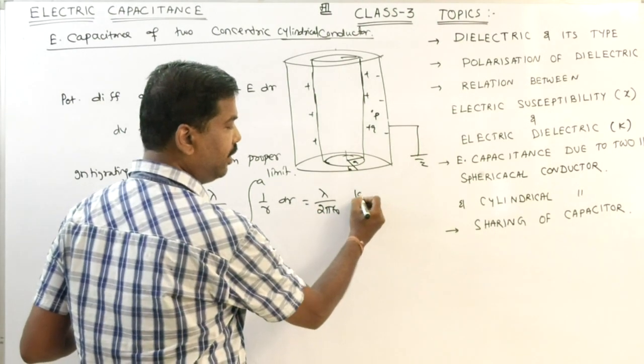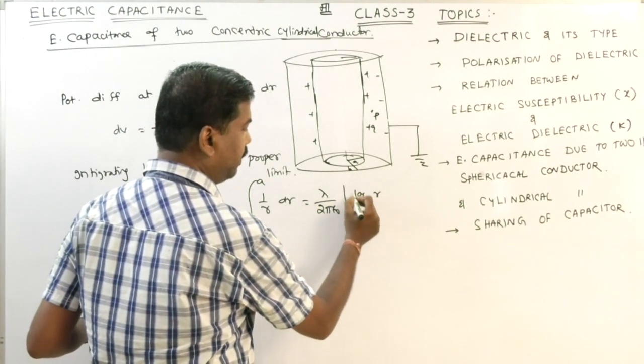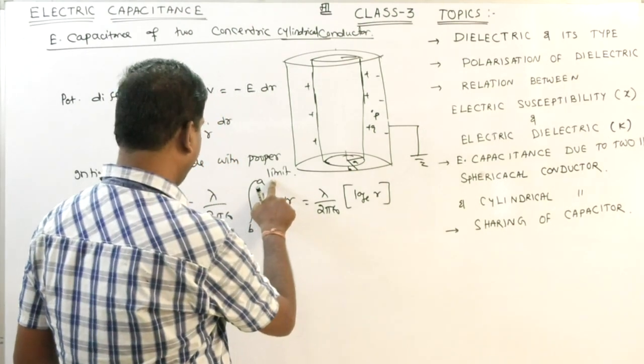The integration of 1 by R dr is log R. How much? B to A.